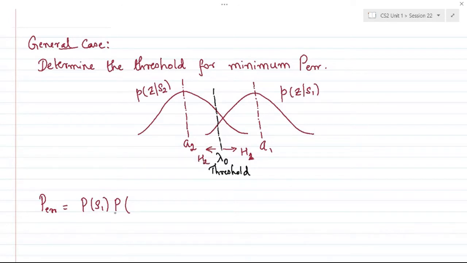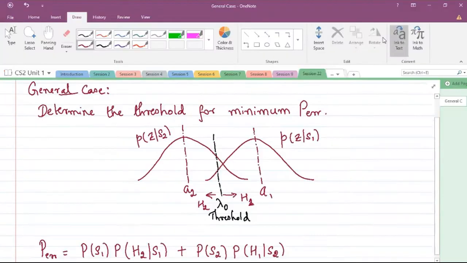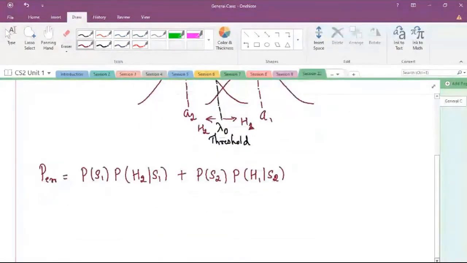If S1 is transmitted and the test statistic falls in the region on the left side of the threshold, then it would be considered as symbol S2 and you would incur an error. Mathematically, I can express that as the probability of S1 and the probability of having the test statistic in the region of H2 given the symbol S1 is transmitted, plus the probability of S2 times the probability of having the test statistic in the region of H1 given that S2 is transmitted.